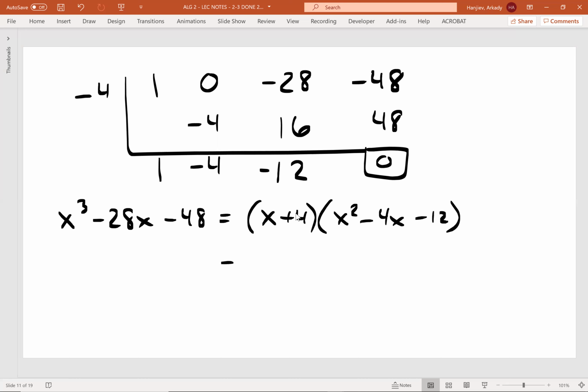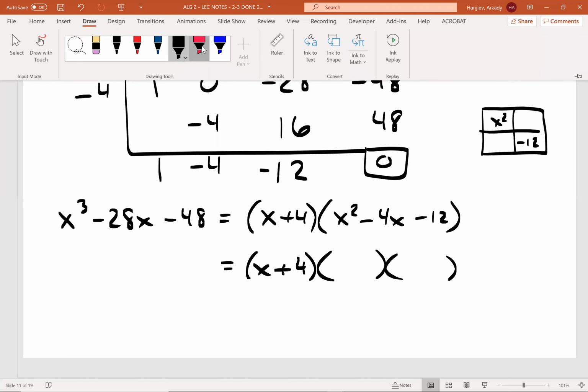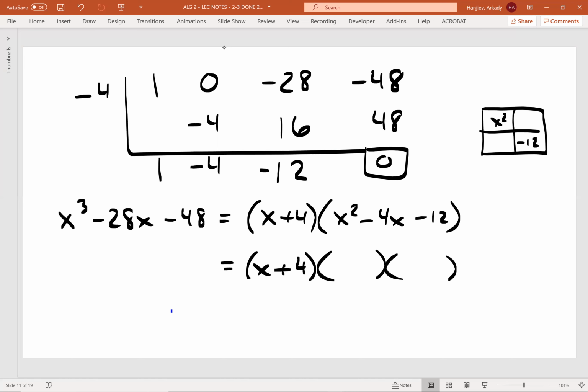I think so. Let's go. You guys box it if you need to here. Do the x box if you need to. So this is x squared. This is -12. And find me the pieces. I need a -4x here.